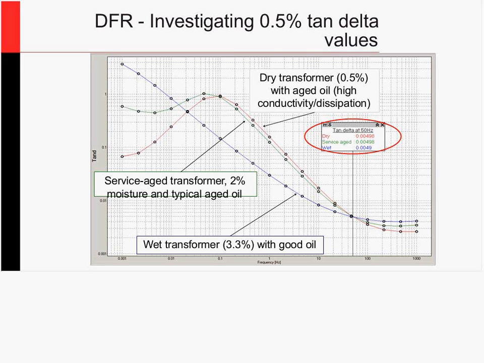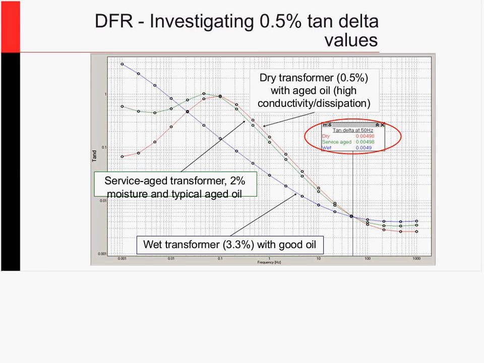So here you can see in this red circle, and sorry again to my Swedish colleague, these are tan delta at 50 hertz values, and essentially they're 0.5% for all three transformers being measured. In one case the transformer is dry, another is absolutely wet, and the other is a service-aged transformer.